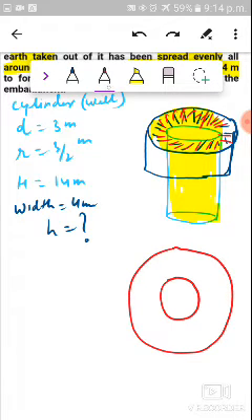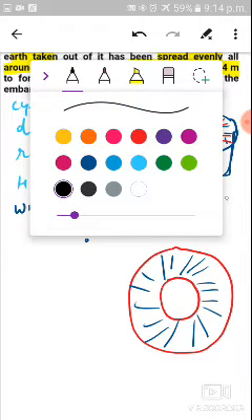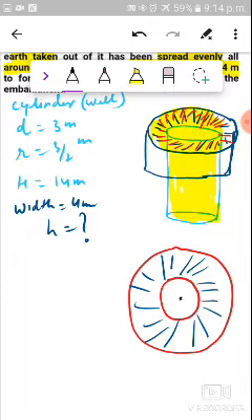In this one, this width is given as 4 meter. And this is the radius, 3 by 2. From this point to this point it is given as 4 meter.